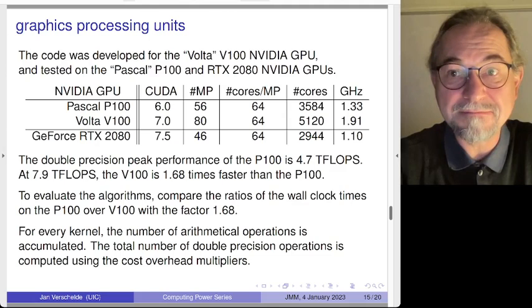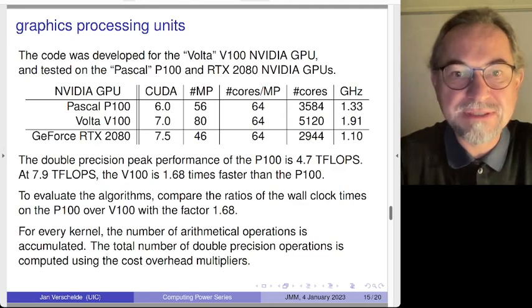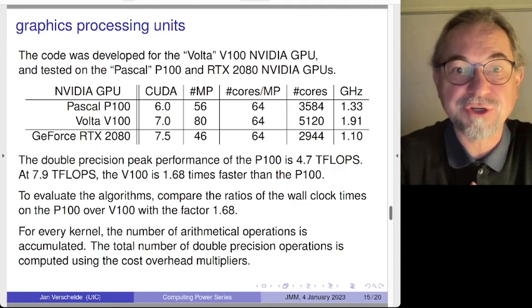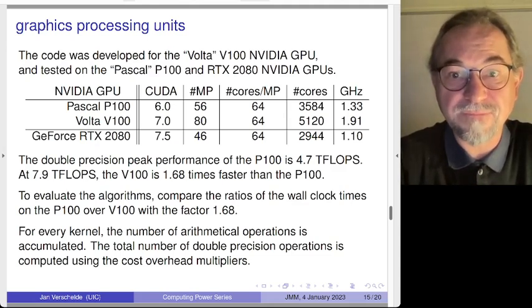Notice also the massive parallelism. The 64 as the order of the series is not a coincidence. There are 64 cores per streaming multiprocessor, giving on Volta a total of 5,000 cores running at 1.9 gigahertz.